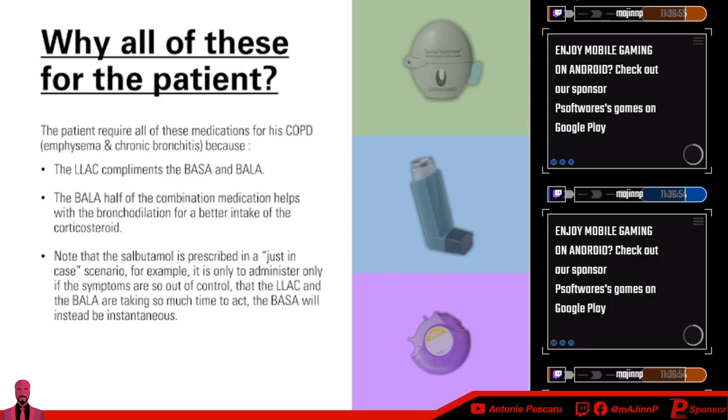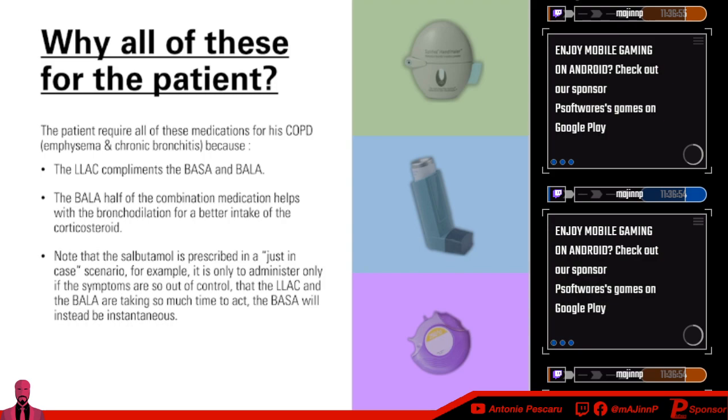And then finally, also note that the salbutamol is prescribed in a just-in-case scenario. For example, it is only to be administered if the symptoms of your COPD are so out of control that your tiotropium and your corticosteroid combination are taking so much time to act that it's unbearable.